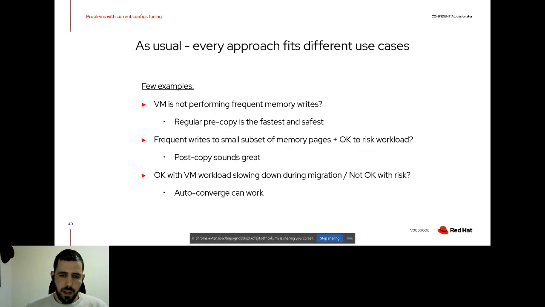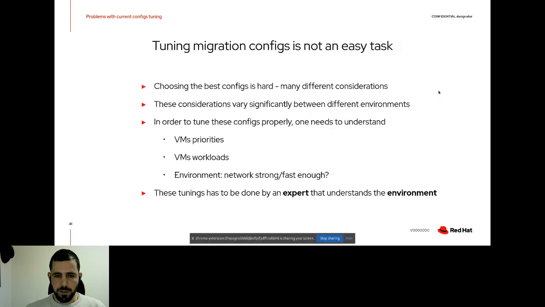If we are having frequent writes to the memory and we're okay to risk the workload, post-copy sounds great. If we don't want to risk anything, but we're okay with slowing down the workload a bit, maybe auto-converge is good. But the main point I'm trying to make here is that tuning migration configs is not an easy task.